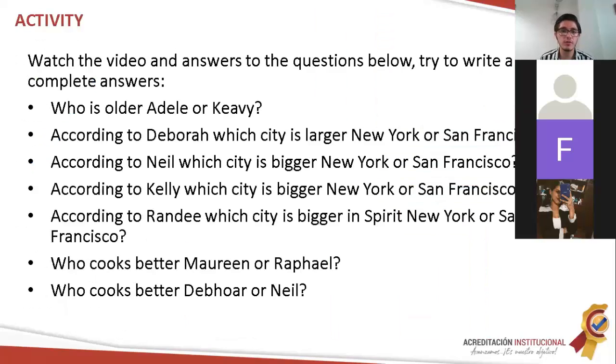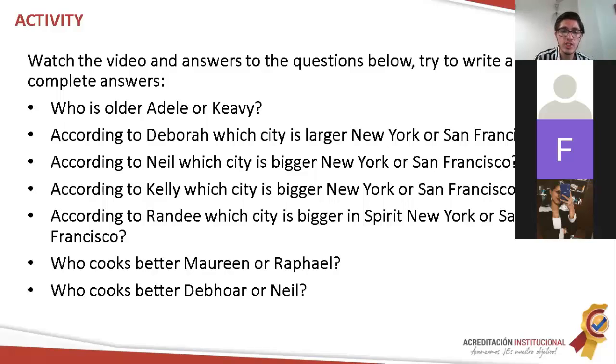So I'm going to send you the Word document in which you are going to develop the activity. I'm going to read the questions in order for you to understand all of them. It's all about the video. For example, who is older, Adele or Kevin? According to Deborah, which city is larger, New York or San Francisco?